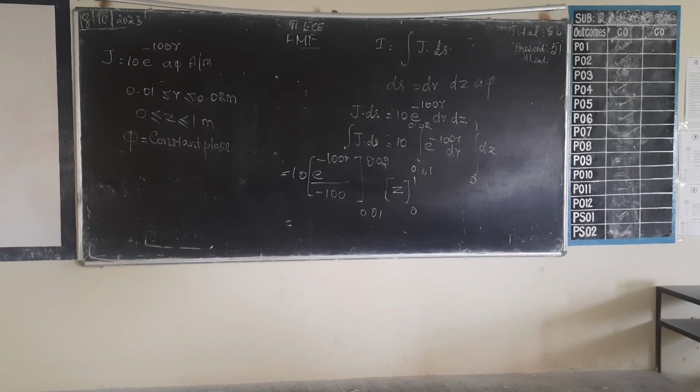Should I write on the board? Should I wait, students, or shall we go to the next problem? The answer is taken out: 2.326. Those who have not got it, please take it home. Current I is equal to 2.326 into 10 power minus 2 amps.